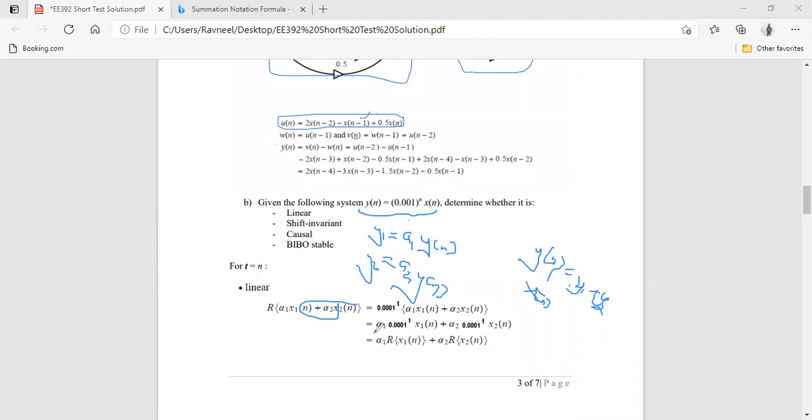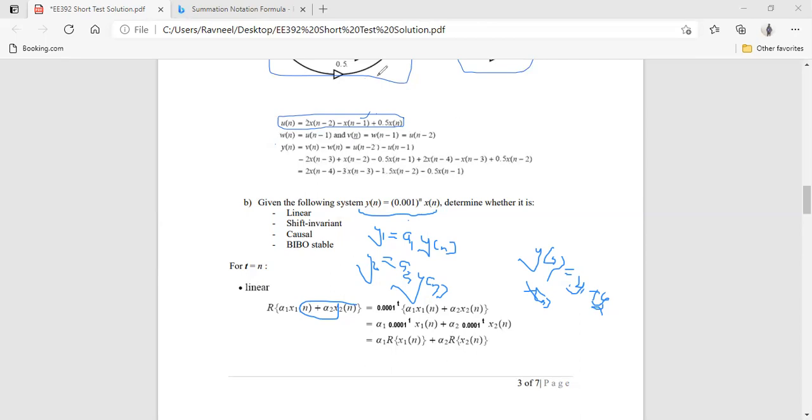Expanding this, we can see that this particular part, as assumed earlier, was our y1, and this particular part over here is equal to y2. So since y of n is equal to y1 plus y2, it is linear, right? Again, if you don't get this, just recap on your old notes.